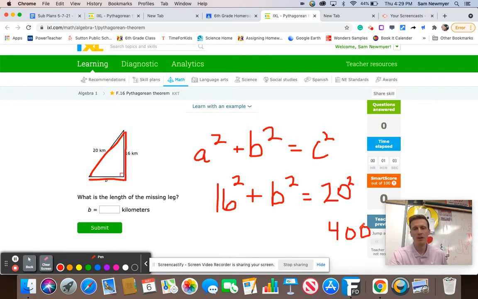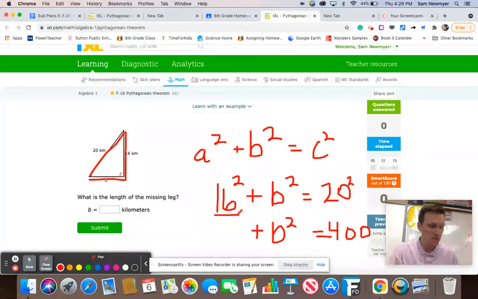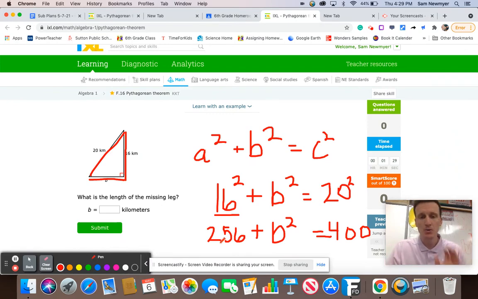And then if I rewrite the rest of my equation, I've got b squared, and I'm going to pull down that 16 squared, but I've got to do 16 squared first. So 16 squared is 256. And then I got 256 plus b squared equals 400.